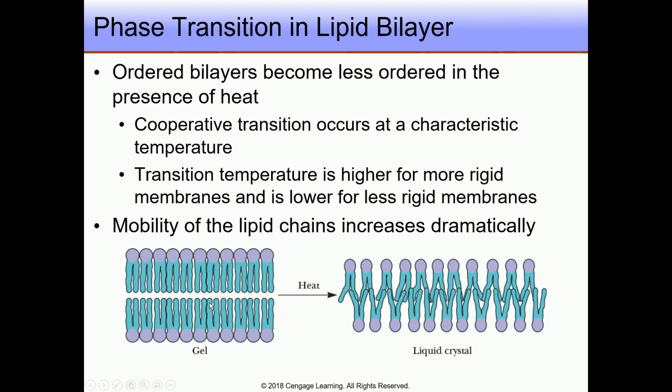If it becomes a gel like this, it's not going to function because it becomes solid. Then the transport will stop. If it becomes very disordered, it's again not going to function because it's not going to be fluid. So the fluid nature of the membrane is important. With the increase in temperature, the membrane can become too fluid and lose its functionality.